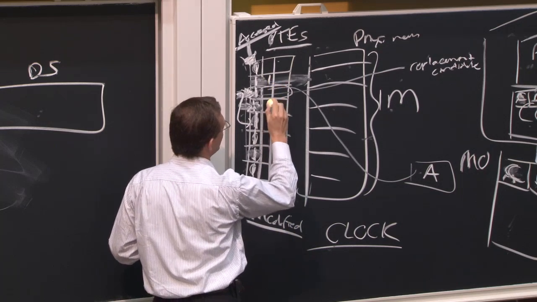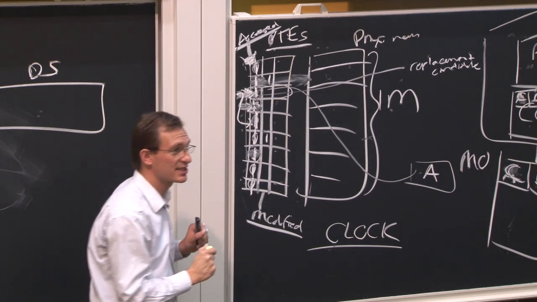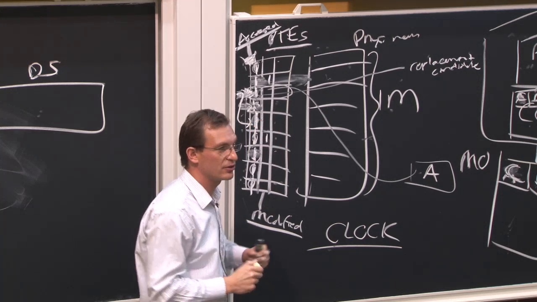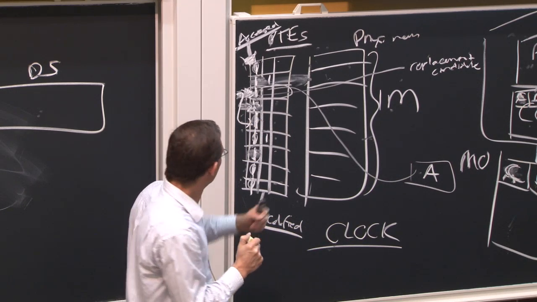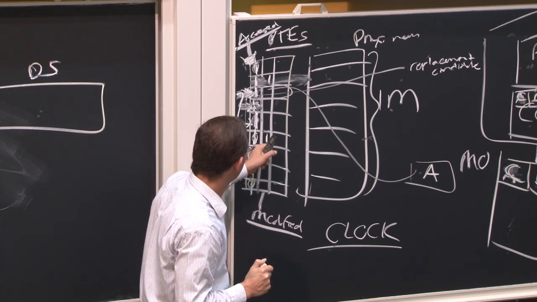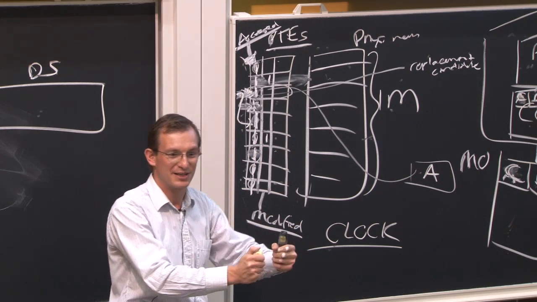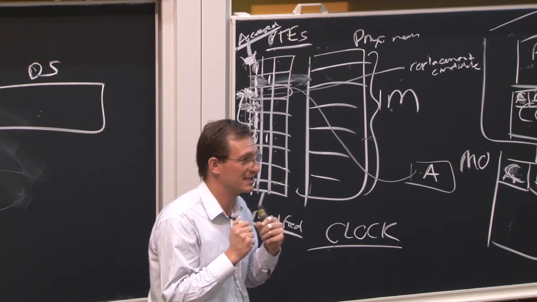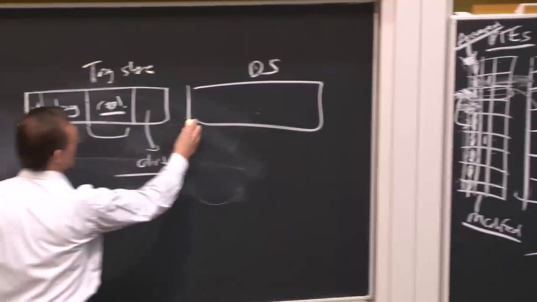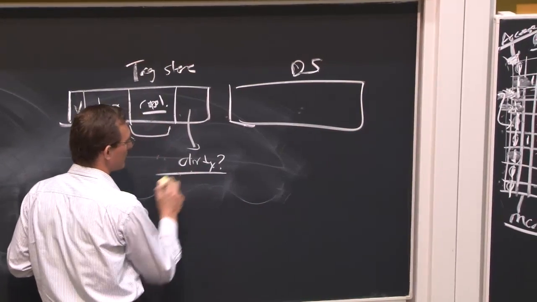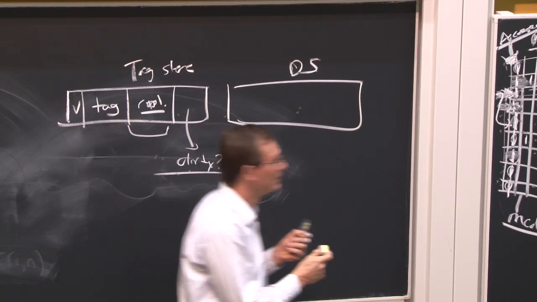This is how the operating system keeps track of the modified pages. Because if a page is not modified, you don't want to write it back to the disk when it's getting replaced. Whereas if a page is modified when it's getting replaced, you'd better write it back to the disk so that you don't lose the updates to that page. Same as in caching. Has this block been modified or not? Right? It's the same bit.